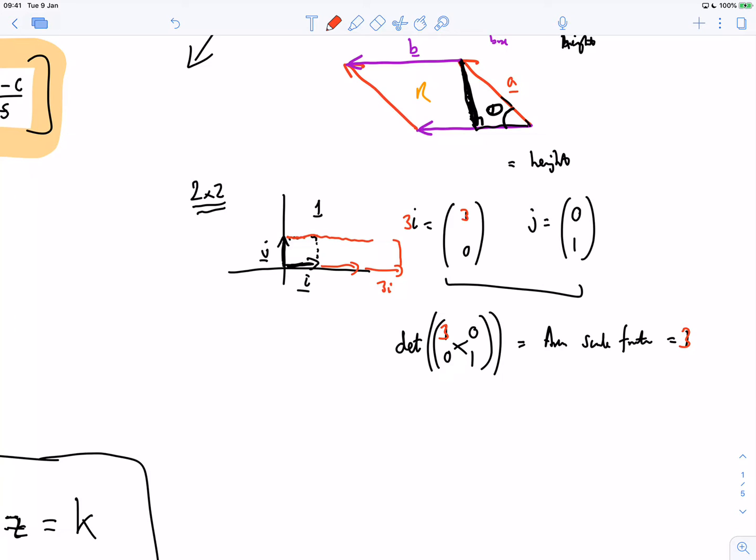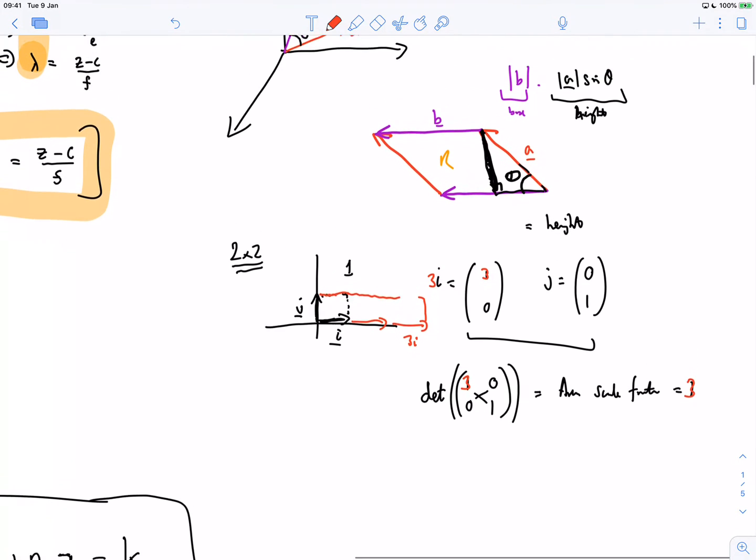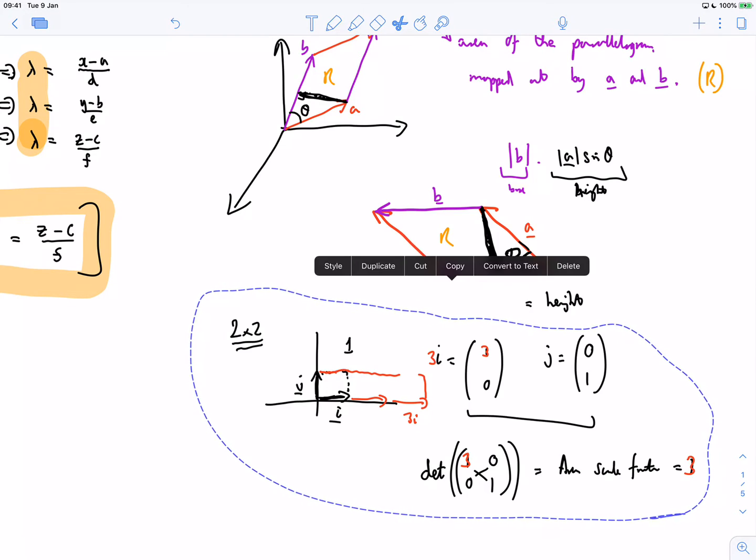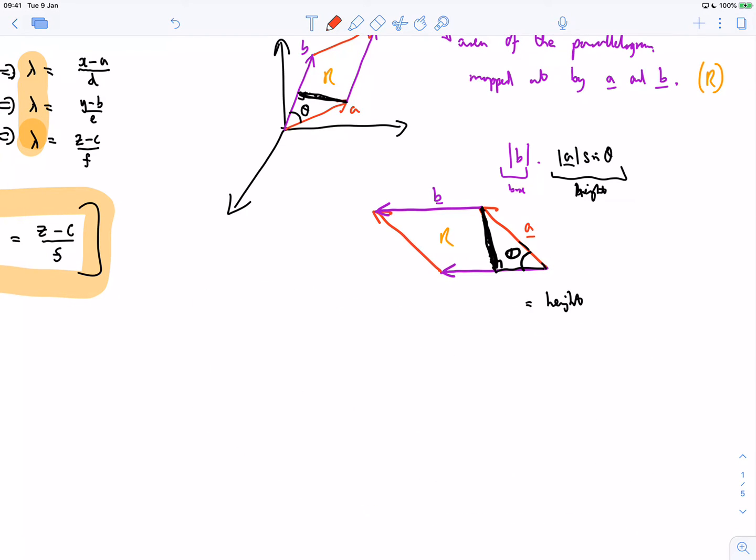And we kind of talked about this last time, but essentially what I was hoping to remind you of is the determinant of the matrix of what we're talking about here.